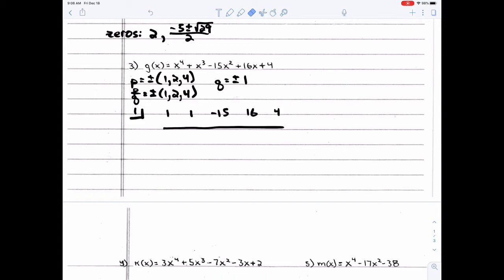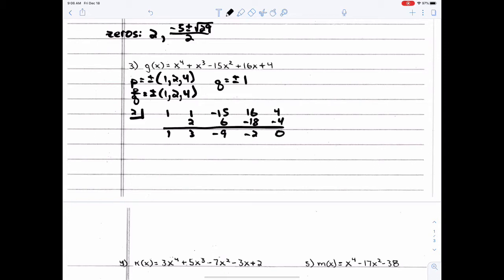Okay, so let's go for negative 1. So we've got 1, negative 1, 0, 0, negative 15, 15, 31, and negative 31. That's obviously not going to give me 0. So let's get rid of this stuff. Okay, let's try 2. So we got 1, 2, 3, 6, negative 9, negative 18, negative 2, negative 4, and 0.